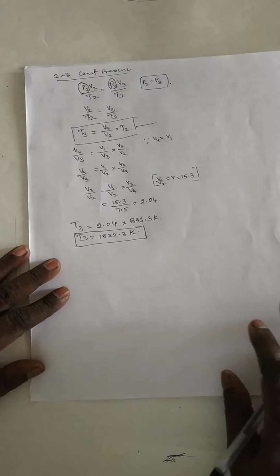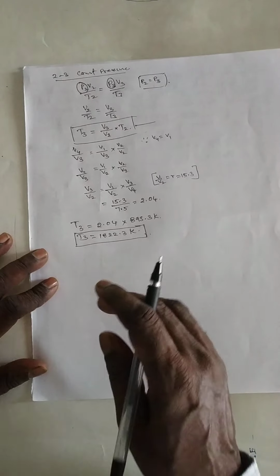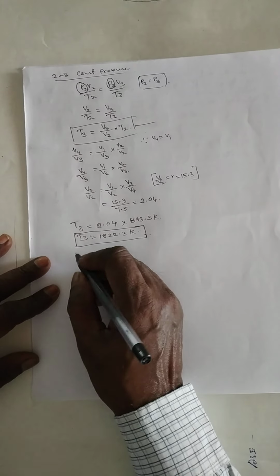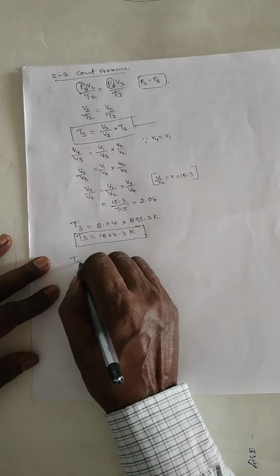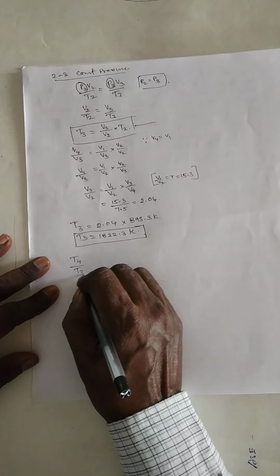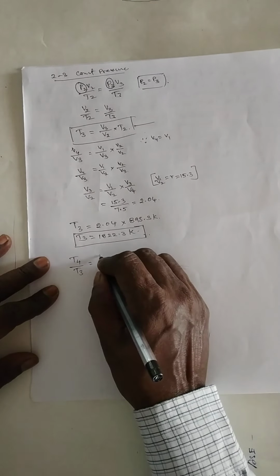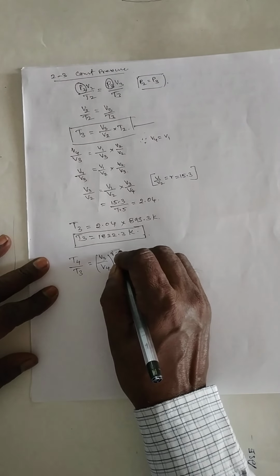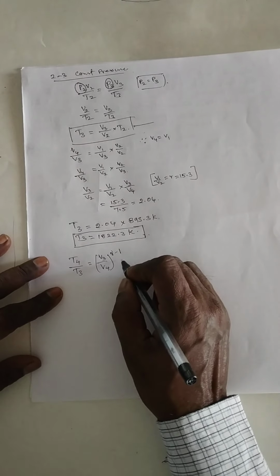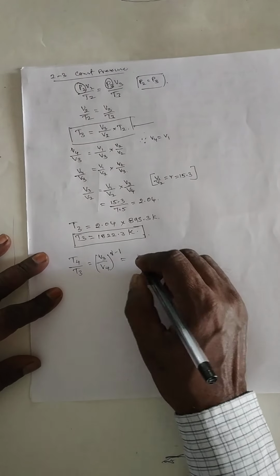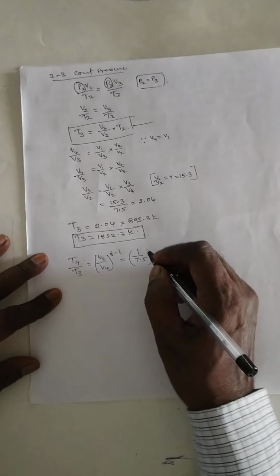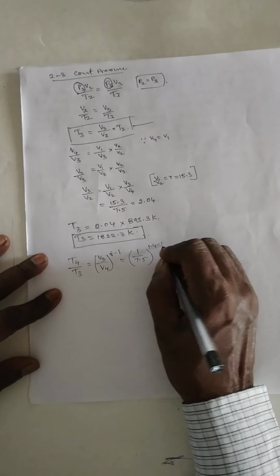Now we have to find out the value of T4, where T4 by T3 is equal to V3 by V4 to the power of gamma minus 1. This is given in the problem itself, that is 1 by 7.5 to the power of 1.4 minus 1.